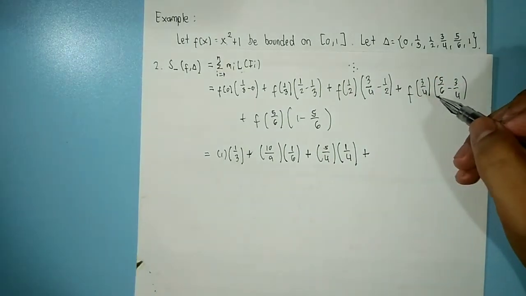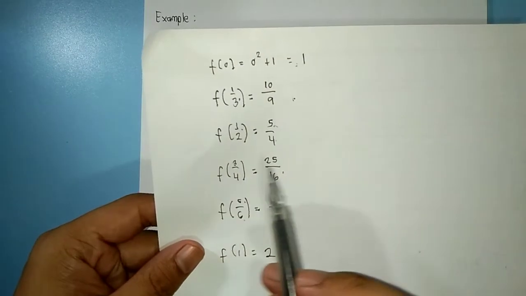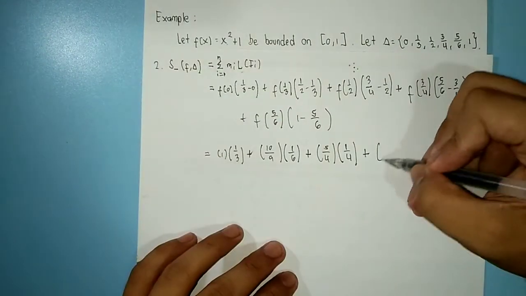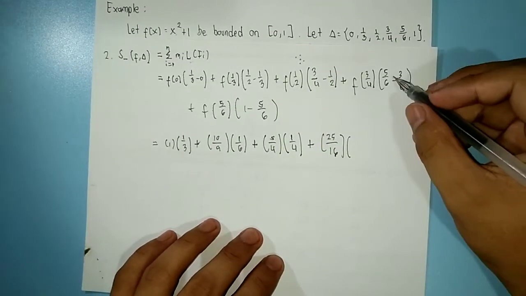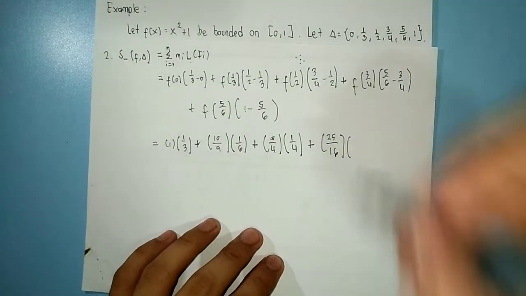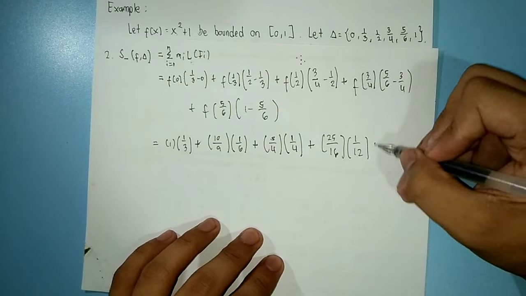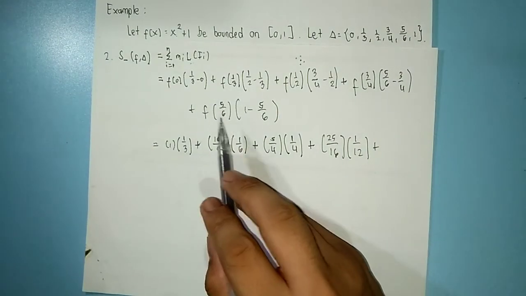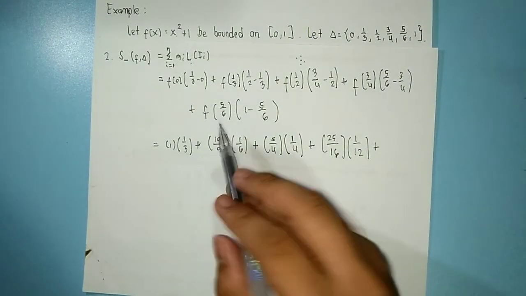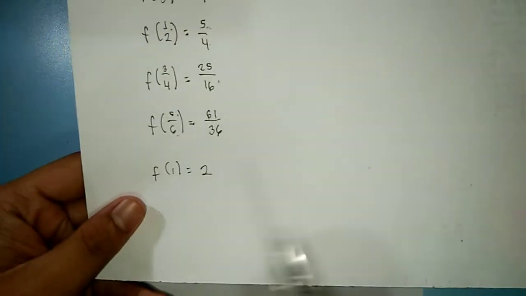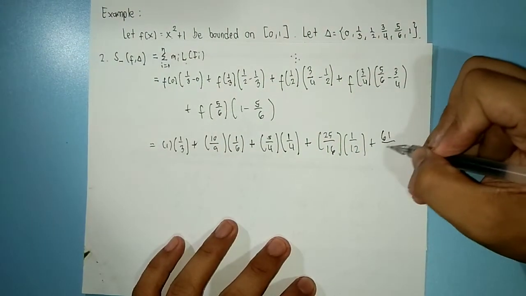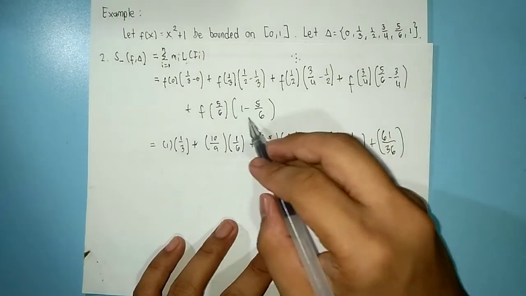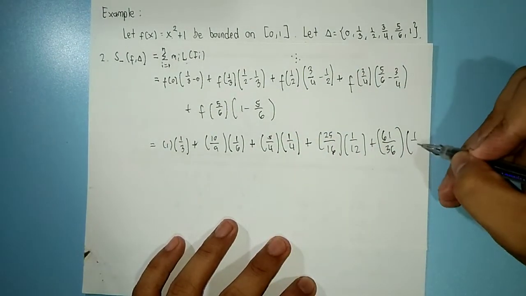Plus f of 3/4, so 25/16, plus 5/6 minus 3/4, that is 1/12, plus f of 5/6, so 61/36, then 1 minus 5/6, that is 1/6.